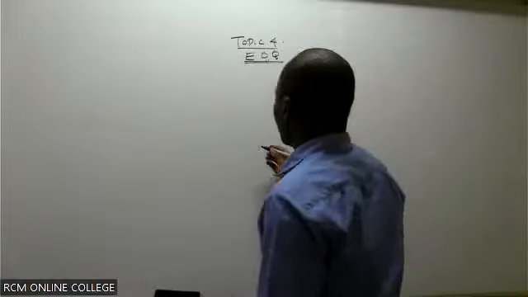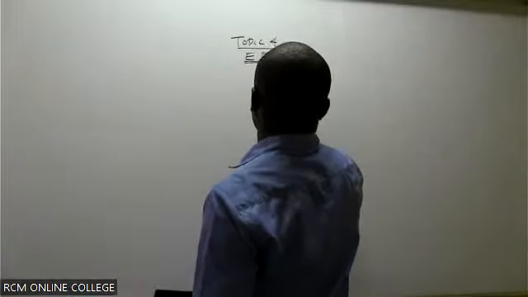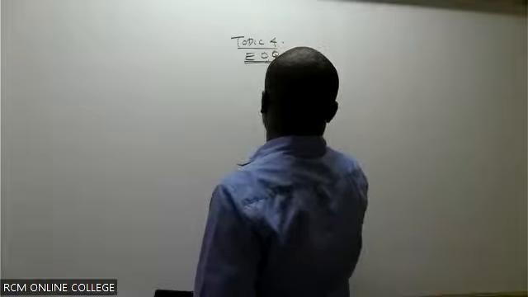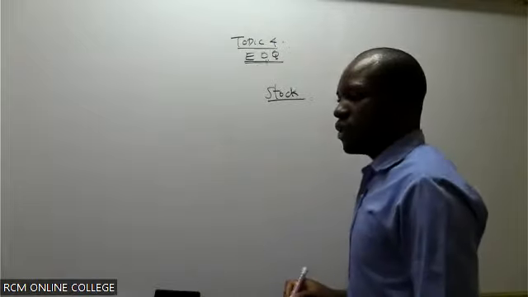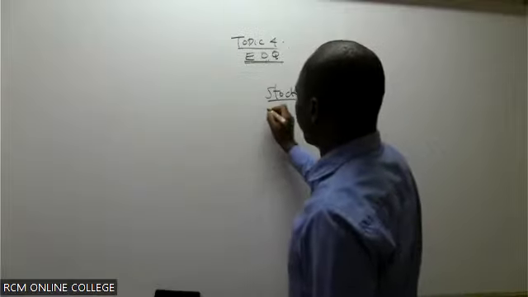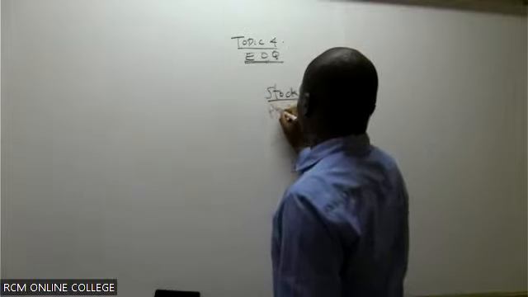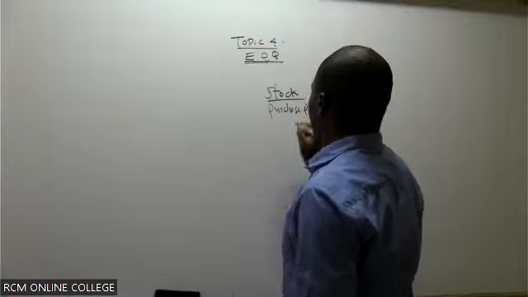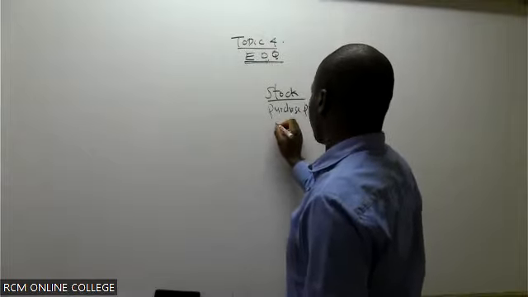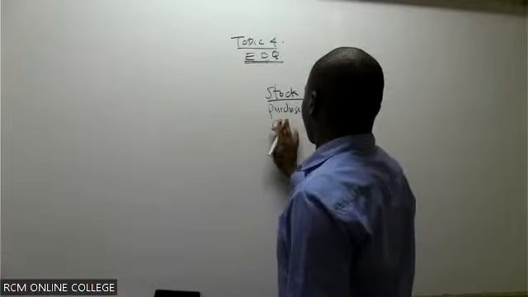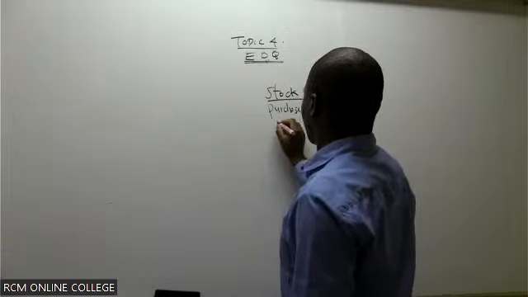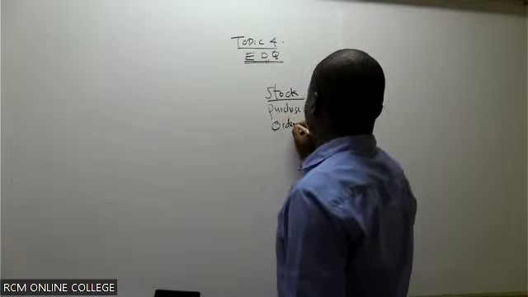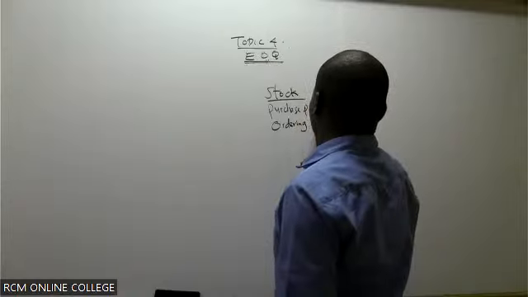Remember, if you want to look at the cost of stock, you are going to tell us we have the purchase price. We need to take care of the carrying cost, ordering cost.